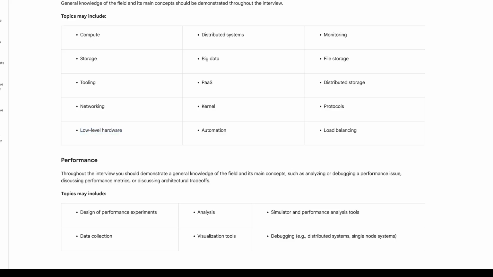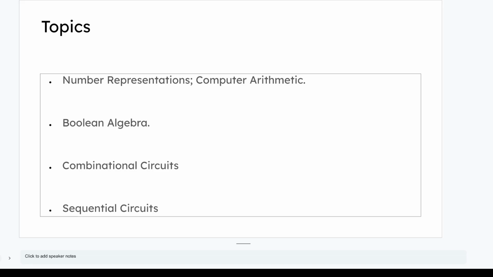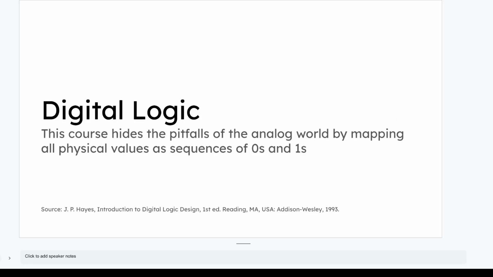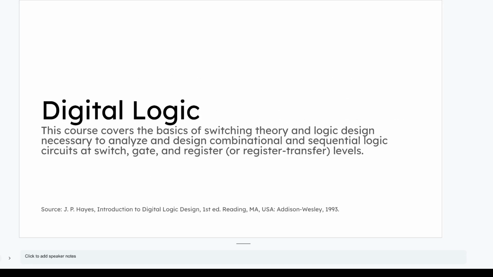During the interviews, if they are mentioning this term, low level hardware, then definitely this course has relevance in interviews as well. Then networking courses, right? Storage, computations, distributed systems. These are some of the advanced courses which are built on top of this course of digital logic, and hence this course becomes one of the most important courses for any computer engineer on earth.